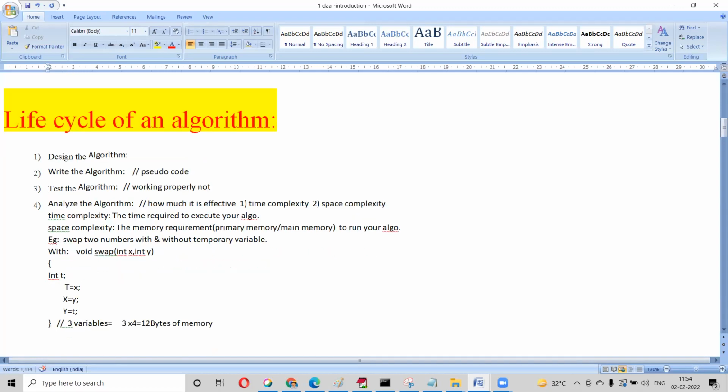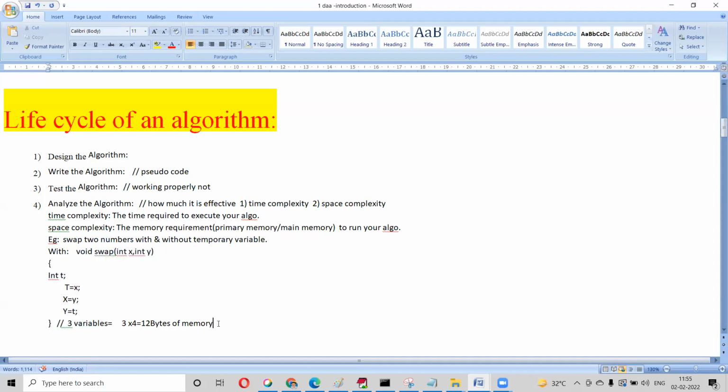If possible, try to reduce the memory requirements. Is there any provision to reduce the memory requirement here? Here I'm using three variables. Assume that Java uses Unicode, whereas C and C++ use ASCII code. So 3 into 4, 12 bytes of memory requirement.